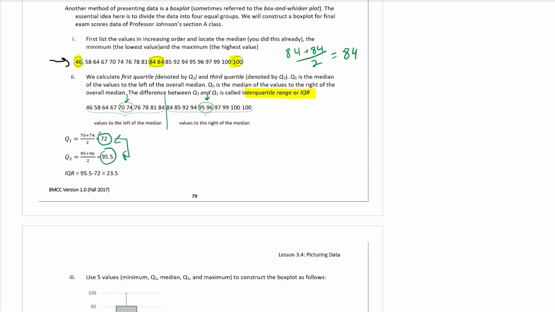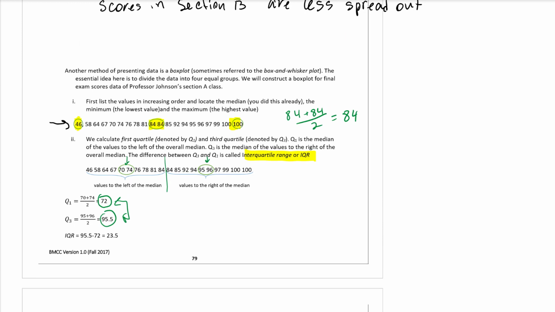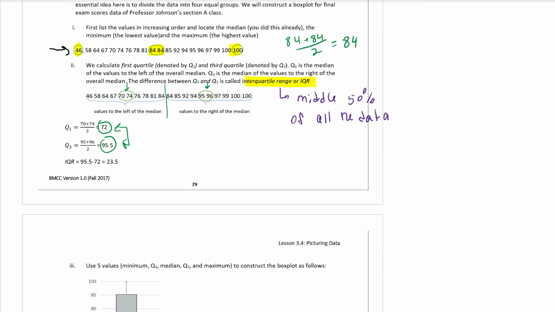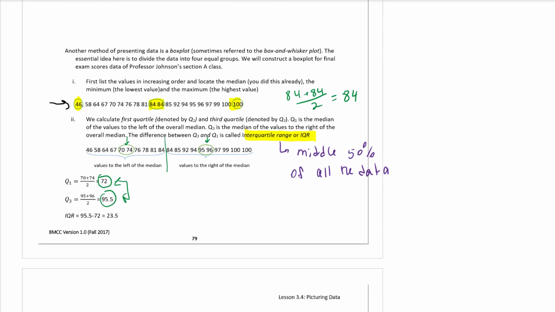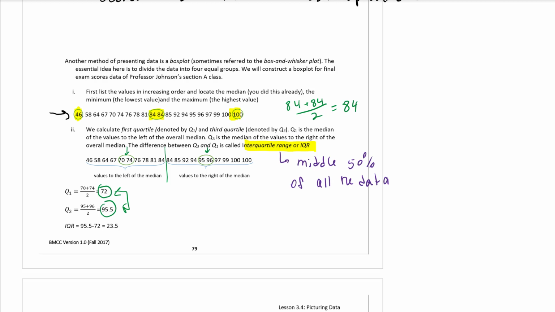And that represents the middle 50% of all the data. Now, if you look closer, if you think about dividing this data in pieces, when you divide alongside the median, you get 50% on the right and 50% on the left.